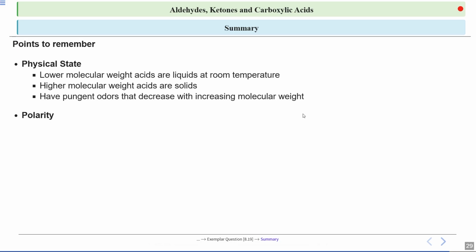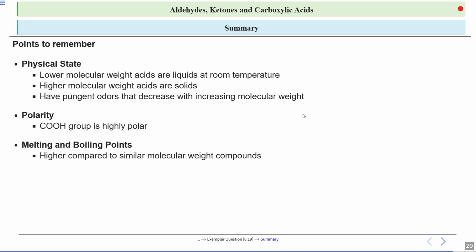Next we discussed polarity. The carboxyl group, which is COOH, is highly polar because of the electronegativity difference between the oxygen and the hydrogen atoms. Then we talked about the melting and boiling points. Carboxylic acids have higher melting and boiling points compared to other compounds of similar molecular weight.